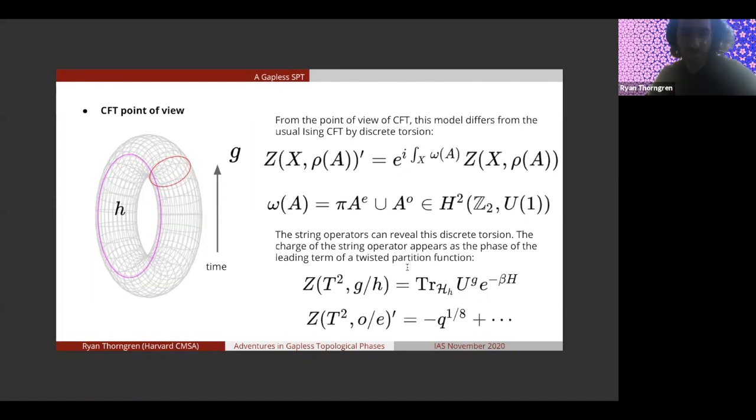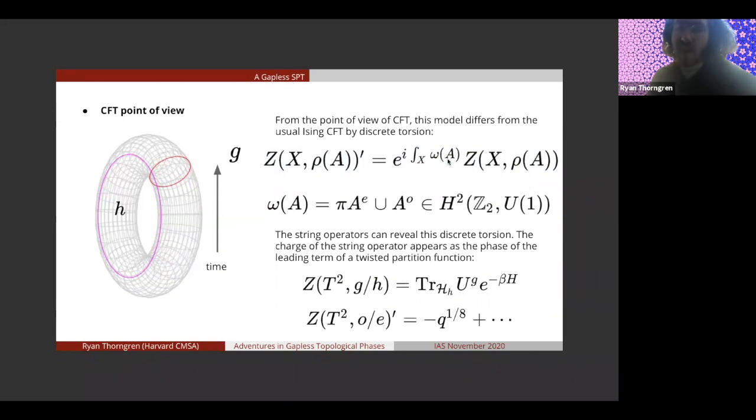Discrete torsion just means that we have some CFT which we're able to couple to a background gauge field. Here, A is a G gauge field, so rho of A is a G low gauge field. So there's some given way of coupling a CFT to a G low gauge field.